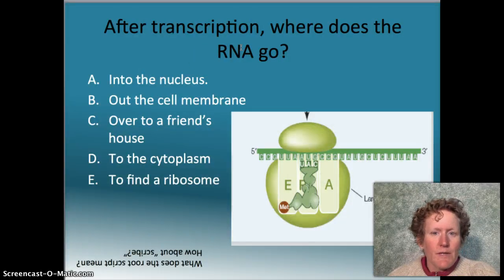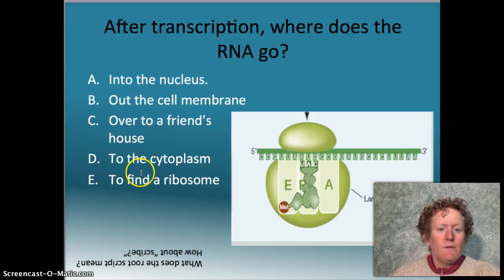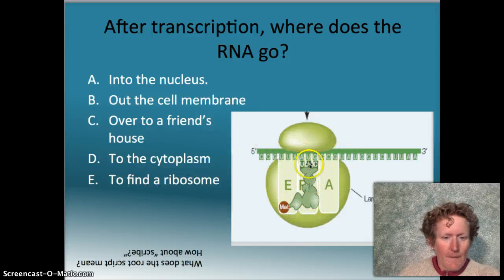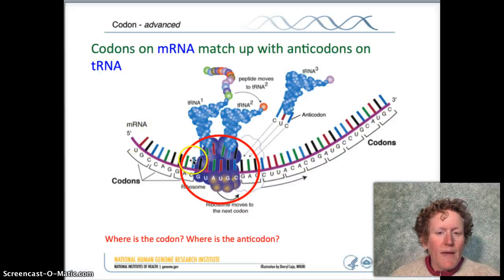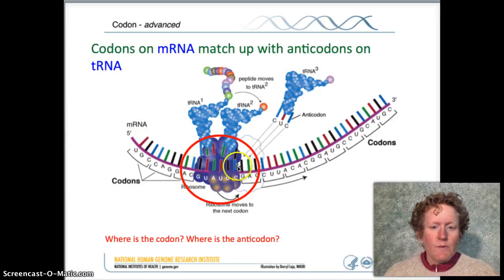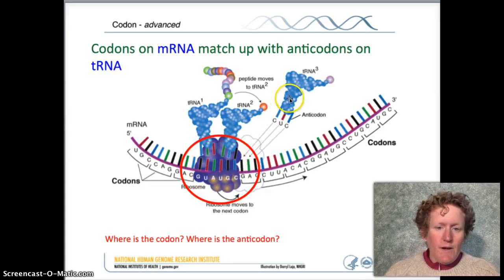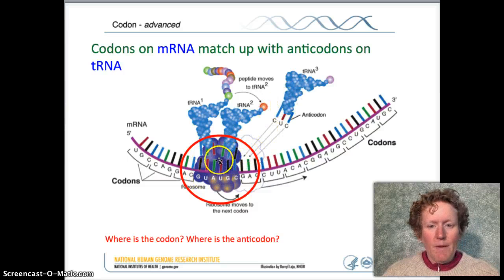After transcription, the RNA goes outside the nucleus to the cytoplasm to find a ribosome. Here's the ribosome, here's some messenger RNA. Codons on the messenger RNA that's now moved to the cytoplasm match up with that transfer RNA, and the ribosome helps the transfer RNA match up with the mRNA.